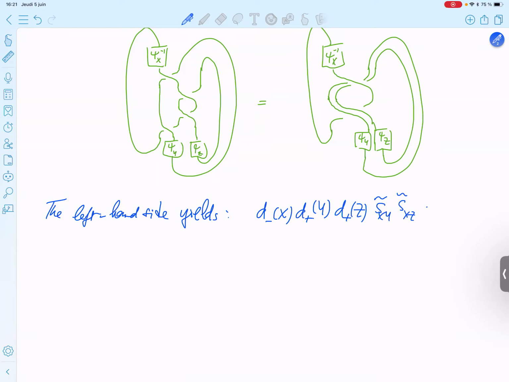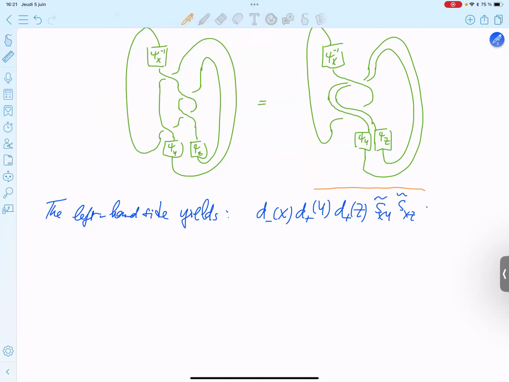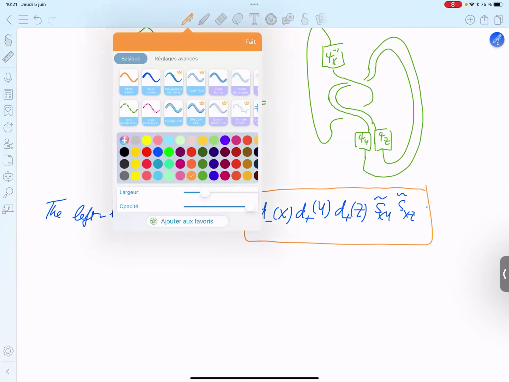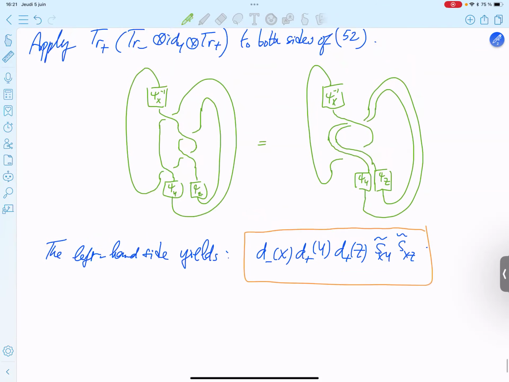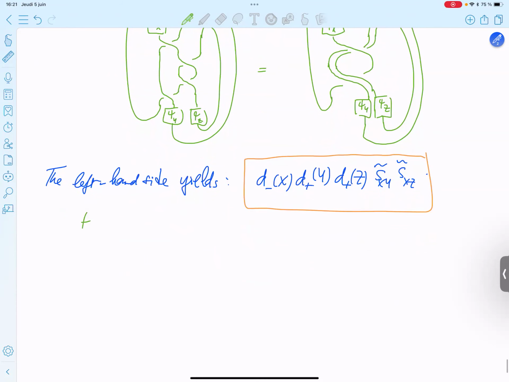So why? The evaluation of the left-hand side is this number. Here is Y. So why?